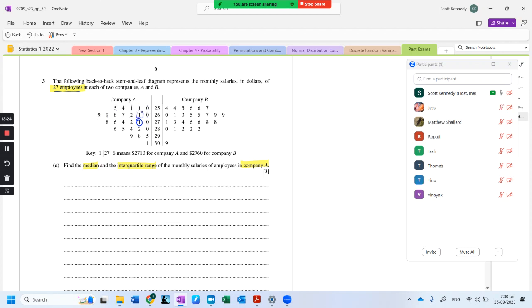So this is our lower quartile. Another way of thinking about that, that's great, Tino, that's real good, is if you've already found your median, you've now got 26 employees, right? And so you can split those into 13 and 13, and halfway in 13 is the 7th number because you've got 6 on either side of it, okay?